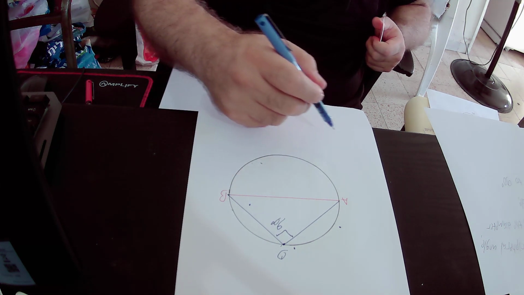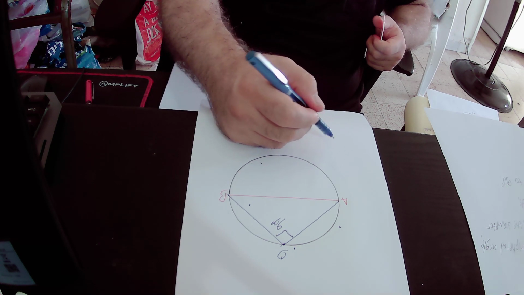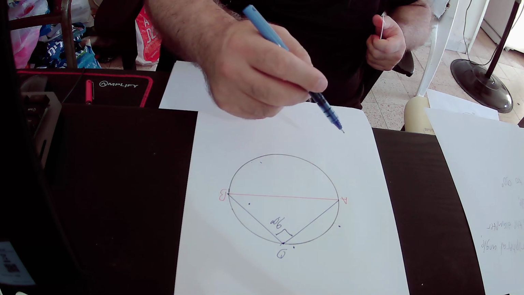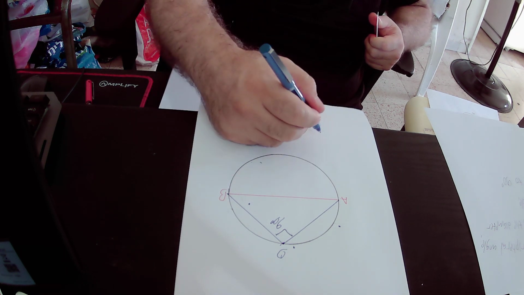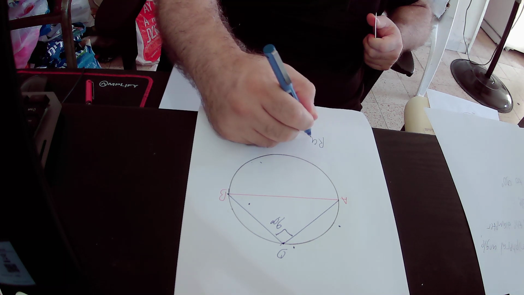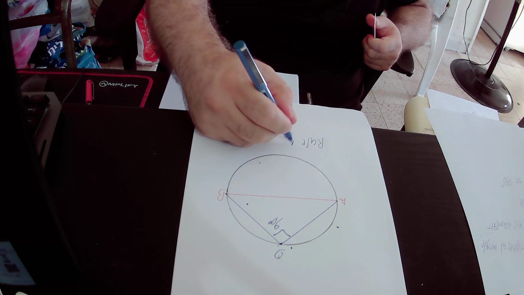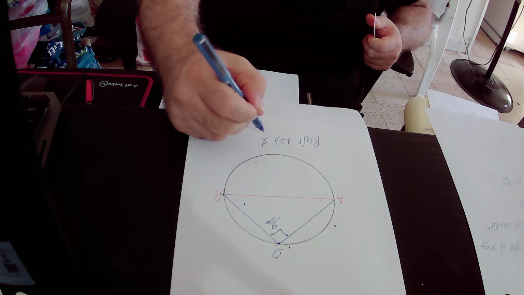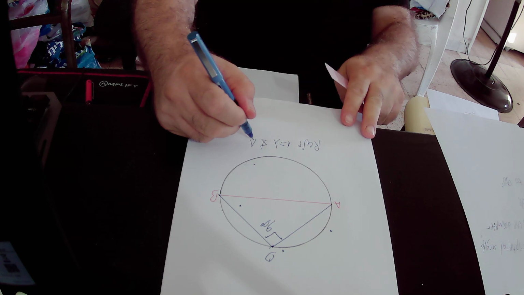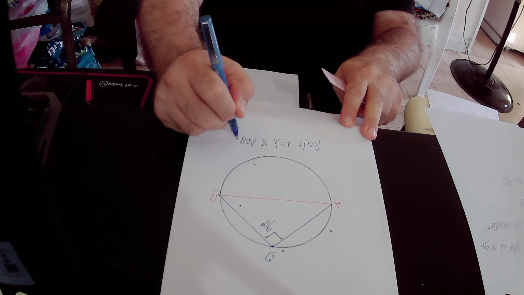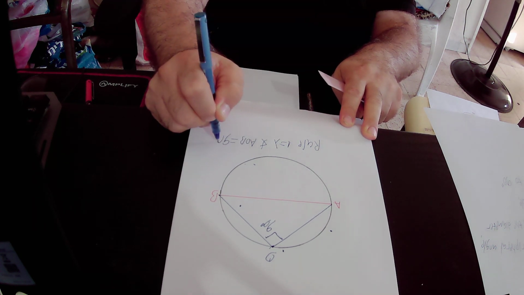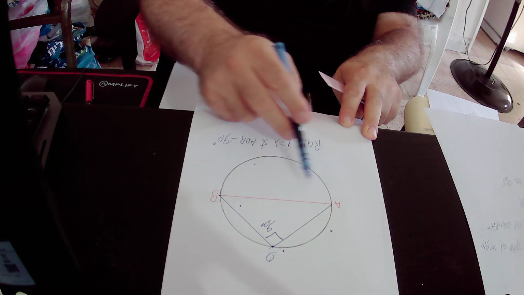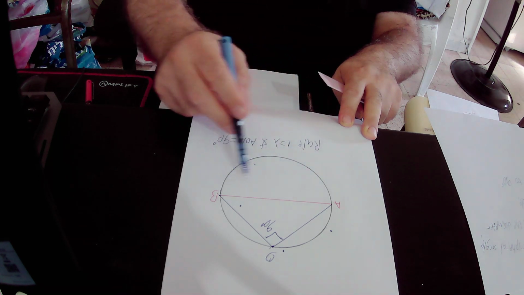So, according to rule number 1, angle AOB equals 90 degrees because it rests on the diameter of the circle.